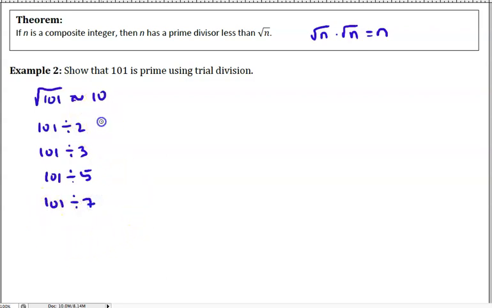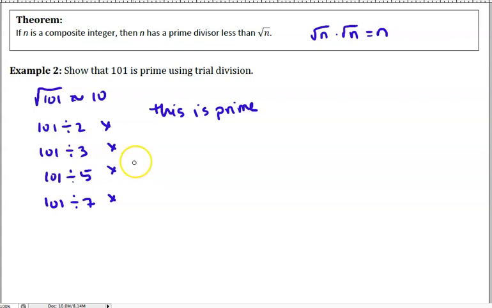Because it doesn't divide by any of these, and you've reached that upper bound for what the prime divisor could be, you can say this is prime. So that's trial division, just brute force, giving an upper limit for the divisor by taking the square root of the number, and then checking all the primes up to that upper bound.